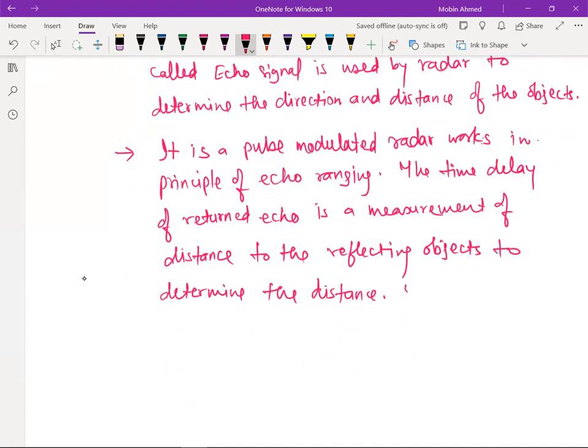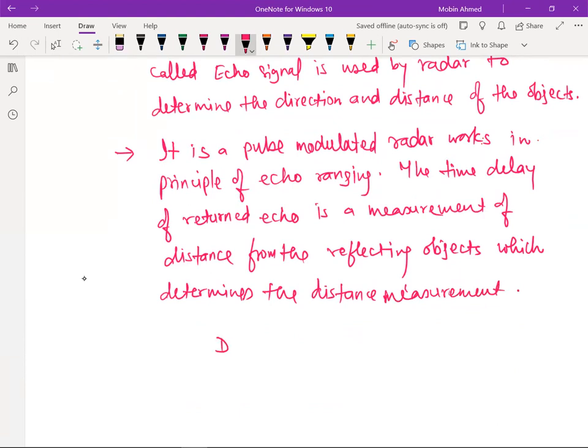The time delay of return echo is a measurement of distance from the reflecting objects, which determines the distance. Okay, distance measurement.